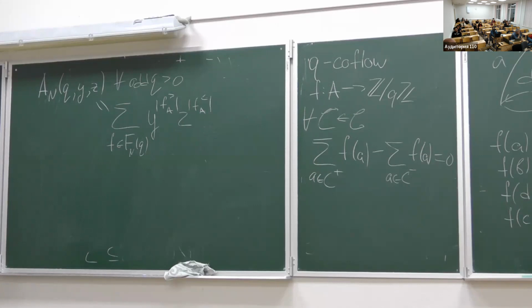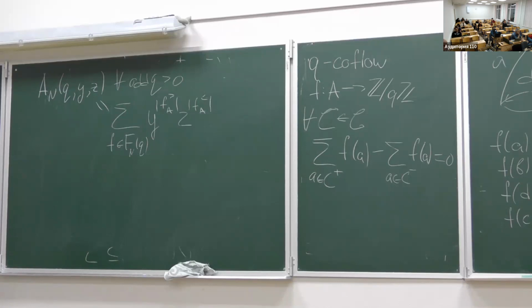Here we have a more refined version for the oriented case, where we have a polynomial not in a single variable but in 3 variables. Additional information which encodes this polynomial is information about the number of edges with big residue and the number of edges with small residues, y and z.